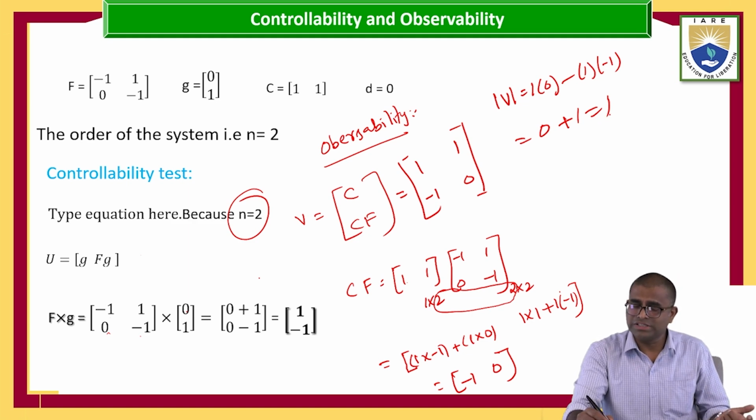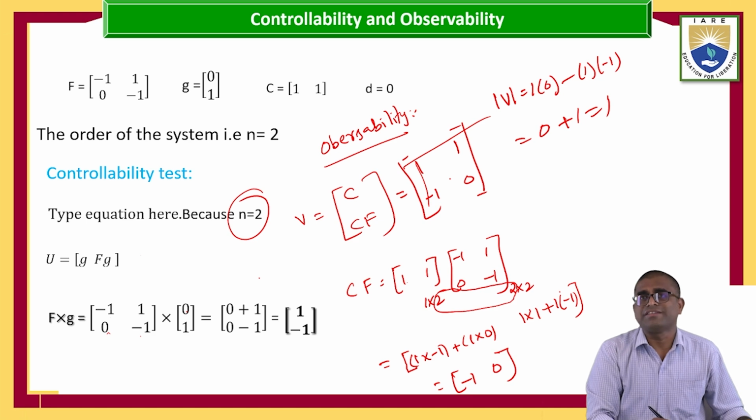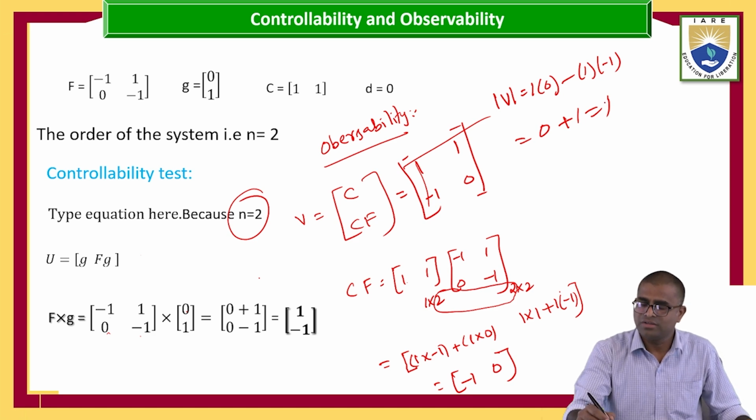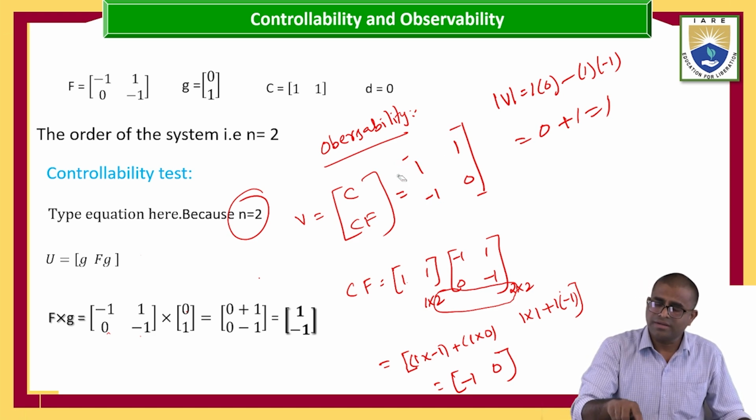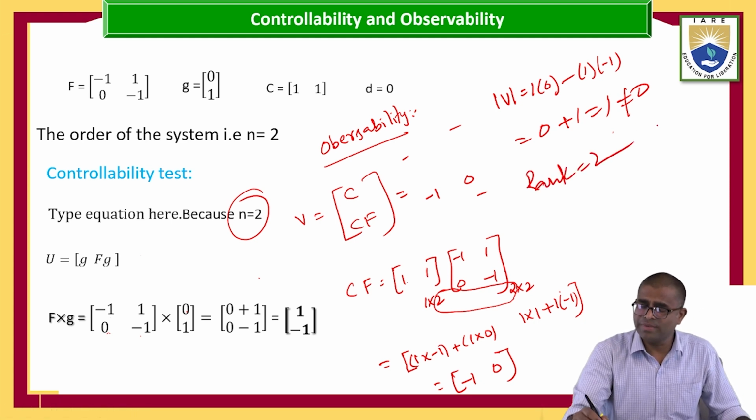If you get 0, you go for the next lower order of the matrix. Here we are not getting 0, so the rank will be 2. What about the order? The order is also n equal to 2.